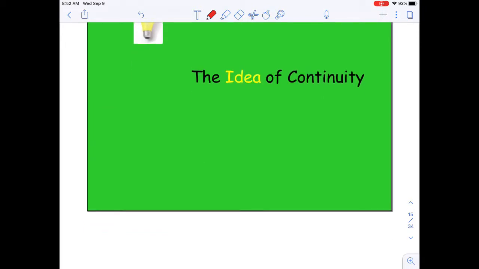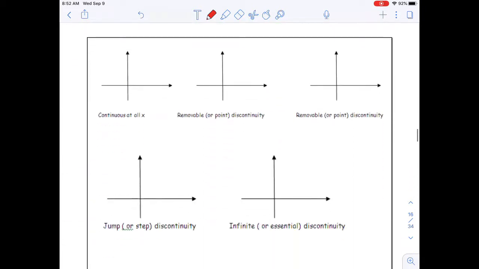Next, we're going to talk about the idea of continuity. Basically, the definition for a function being continuous is that if you draw the graph of it, you never pick up your pencil, okay? It could be a curve or a straight line. Either of those two functions would be continuous, okay?